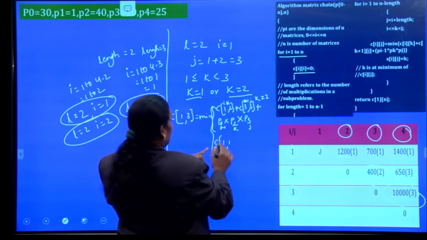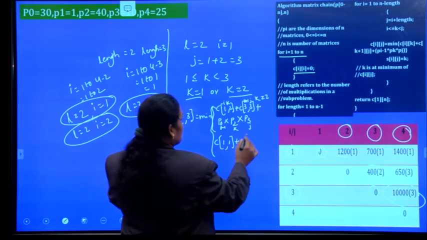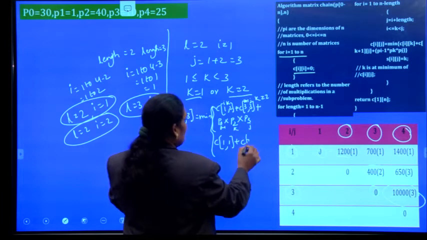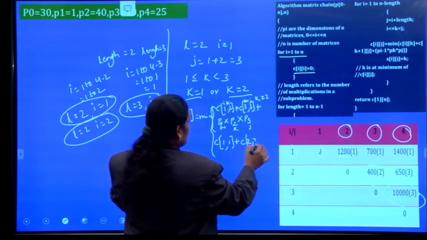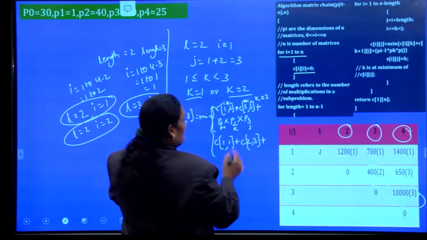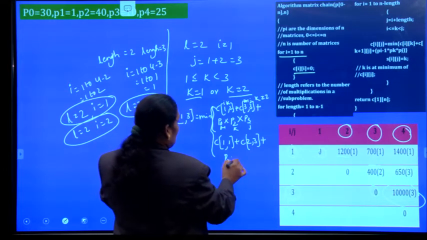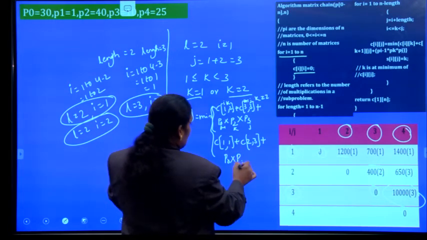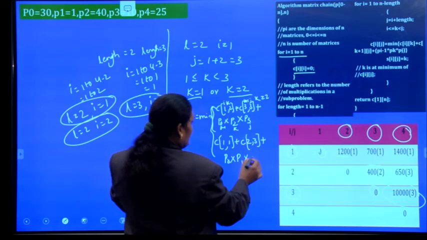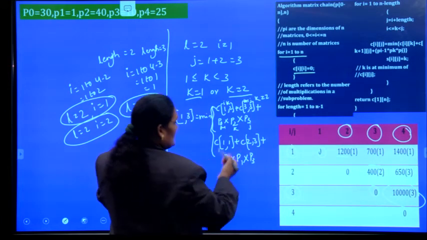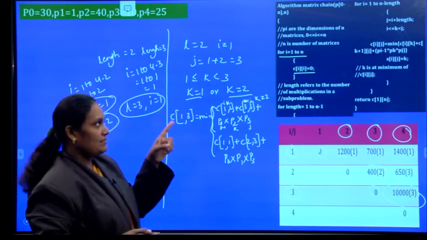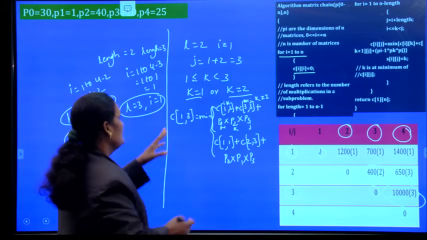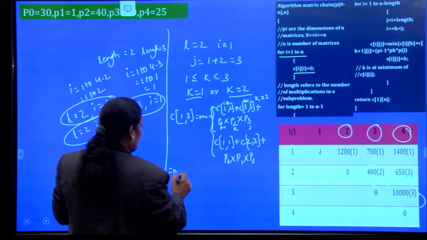I is 1, k is 1 plus C k plus 1, k plus 1 means 2, j which is 3 plus pi minus 1 which is nothing but p naught, pk which is p1 and p3 which is nothing but pj. Here pi minus 1, pk, pj. Now here let us find these values.